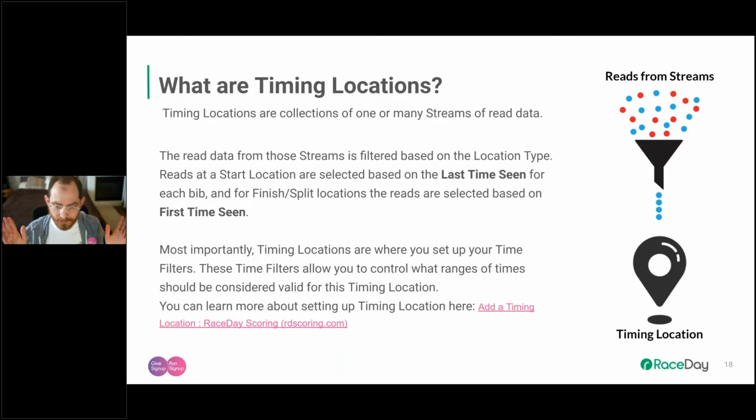We filter down a range of times to say I want to only select finish times after 9:15 a.m. And then within that range, select the very first read seen for each participant. That's what a finish location would look like. For a start location, you might say, give me all the reads until 9:02 a.m. if it starts at 9, and it will always pick the very last time seen because it's a start. So it's basically the way to parse out that data from your streams.